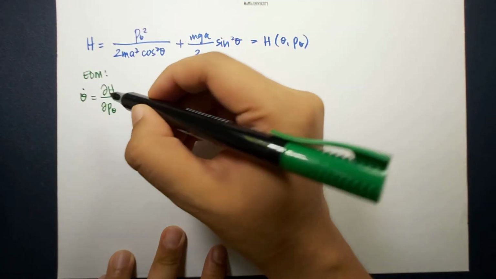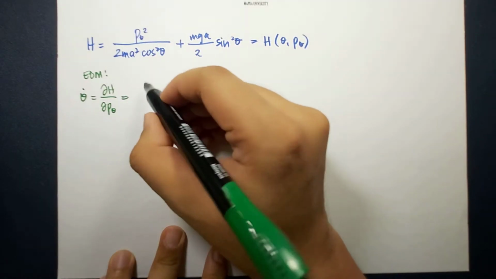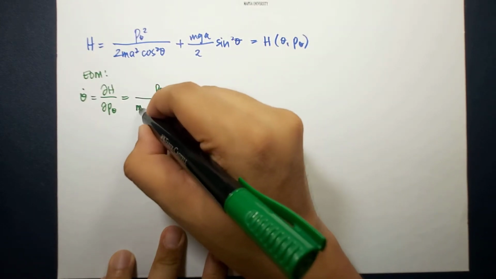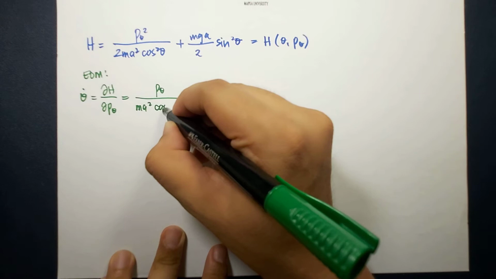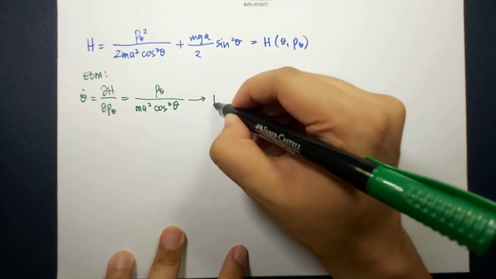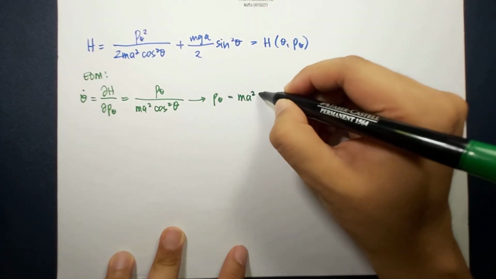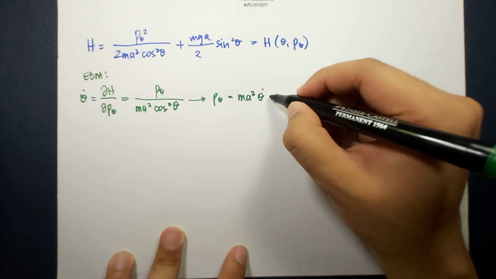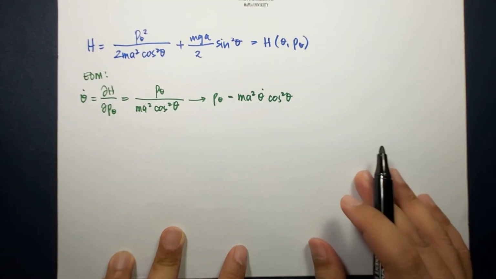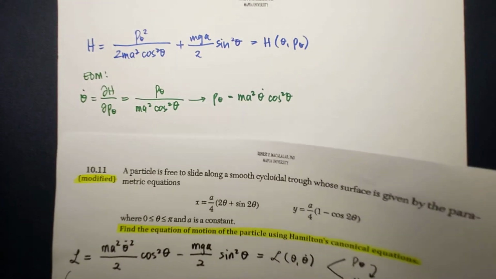So this is p theta over m a squared cosine squared theta, which follows that p theta is m a squared theta dot cosine squared theta, which is what we calculated earlier.